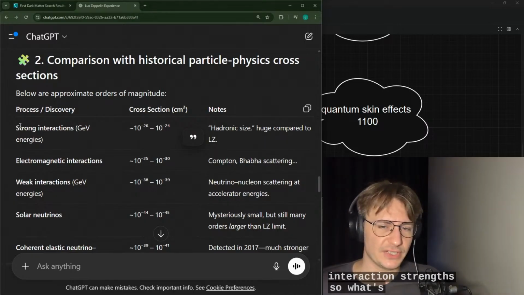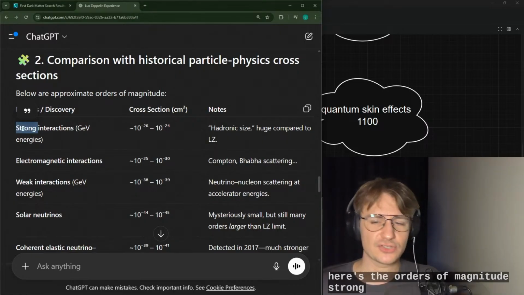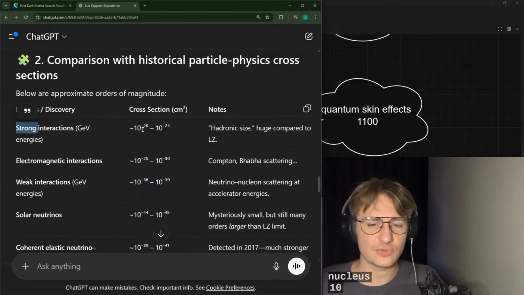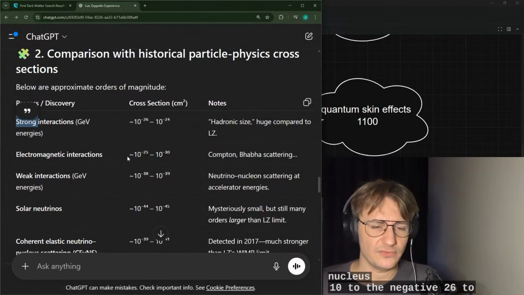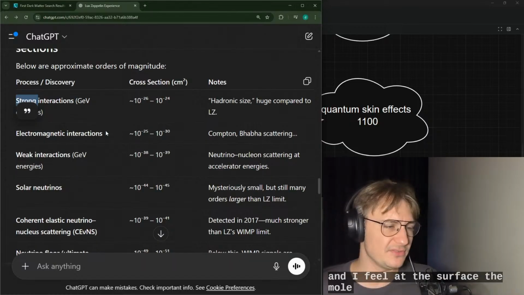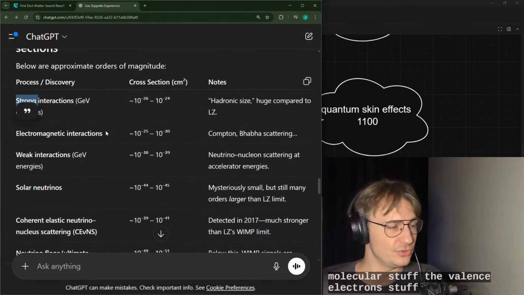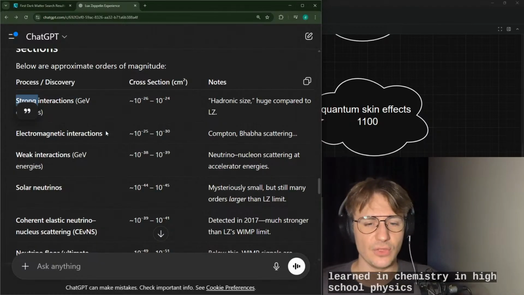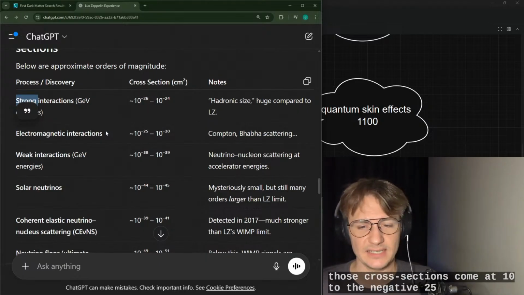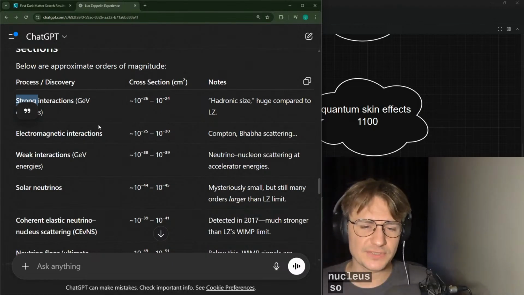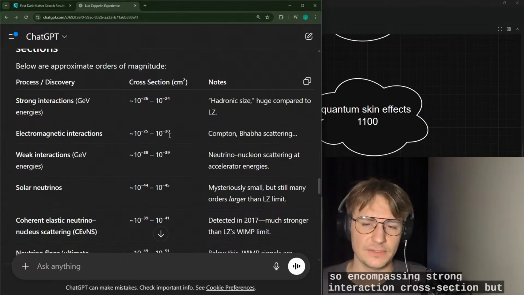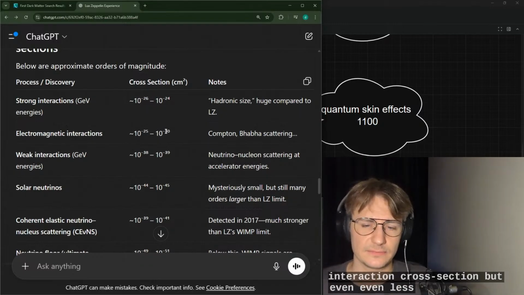So what's your cross-section? Here are the orders of magnitude. Strong interactions, those inside the nucleus, are 10 to the negative 26 to 10 to the negative 24. Electromagnetism, the stuff you and I feel at the surface, the molecular stuff, the valence electron stuff you learned in chemistry and high school physics, has cross-sections of 10 to the negative 25 to 10 to the negative 30.